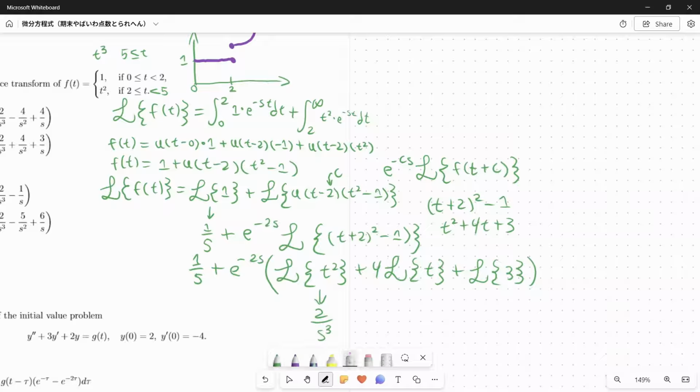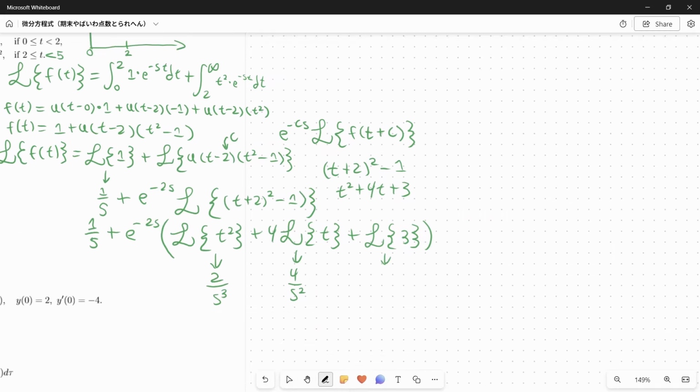And then here, this is the same case, except it's just 1 power lower, so that's going to turn into 4 times 1 over s squared, which just simplifies to 4 over s squared. And then this final term, that's just a constant, so that's going to be trivial. So that's going to just turn into 3 over s.